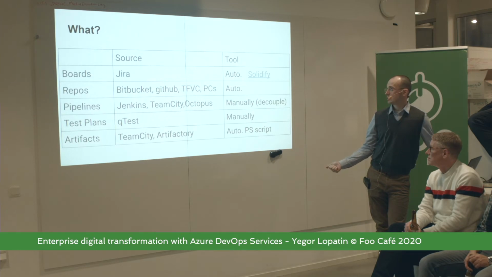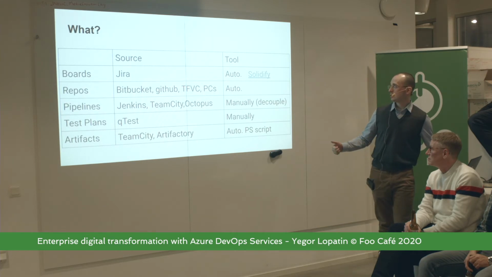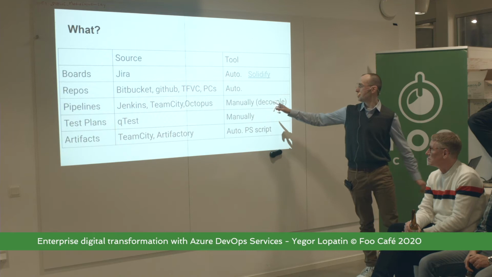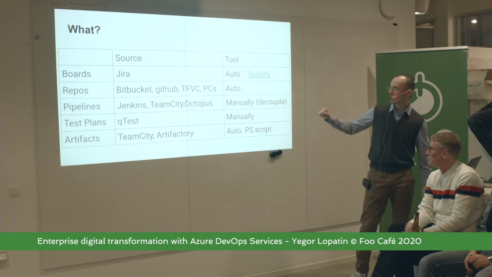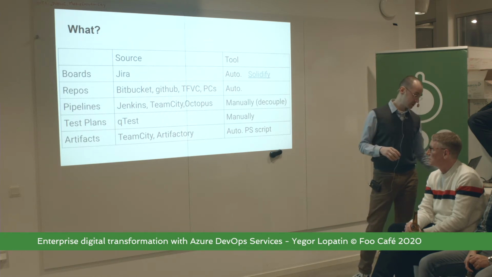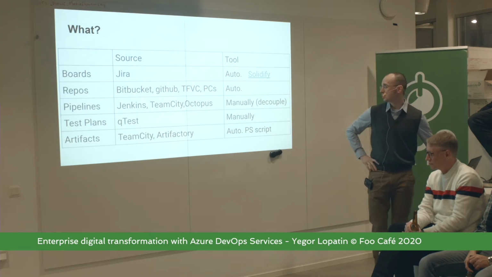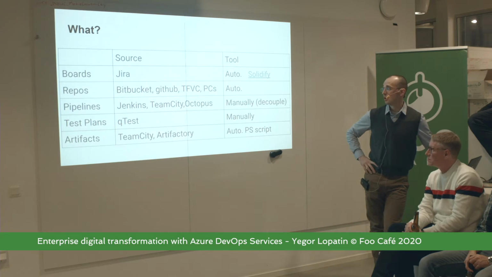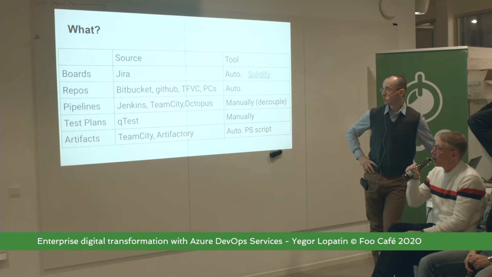Some migration was done almost manually. I mean, here manually means that we decoupled the orchestration layer from the engine, from the scripts, and migrated the scripts, but the logic inside the script was done automatically.